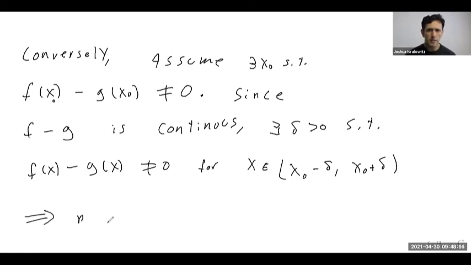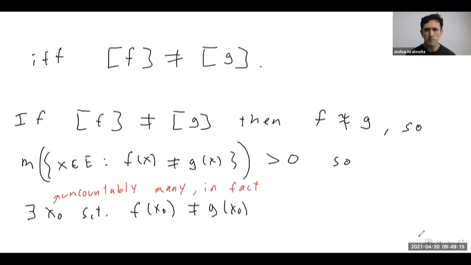So that implies that the measure of the set here, again, we're dealing with a measurable function because it's continuous, right? So there's no issue. We're dealing with f minus g, which is measurable.